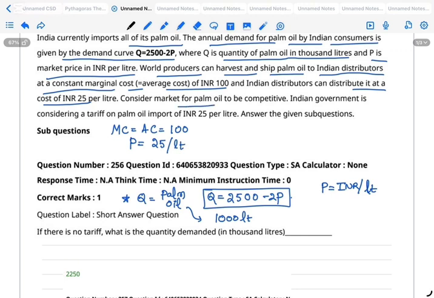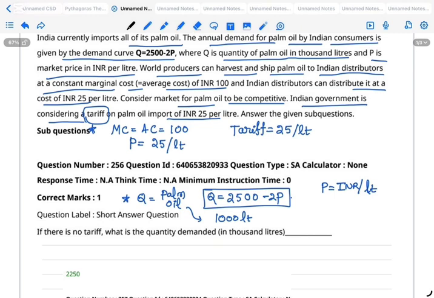Consider the market for palm oil to be competitive. The Indian government is considering a tariff on palm oil imports, and the tariff is 25 rupees per liter.